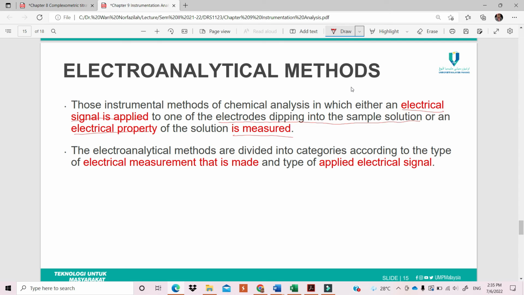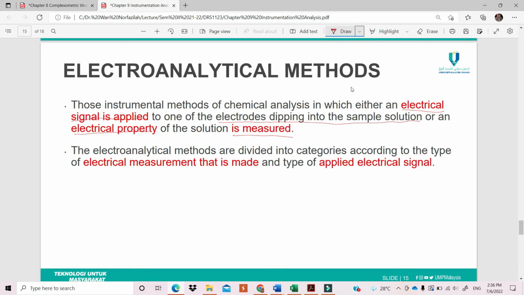Okay, kalau sebelum ni tadi cahaya, interaction between light and matter, so we measured the radiation. Kalau electroanalytical methods, kita measure electrical property of the solution.